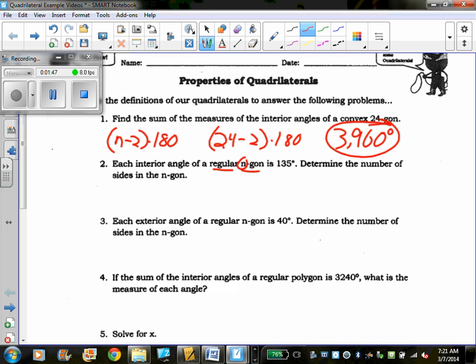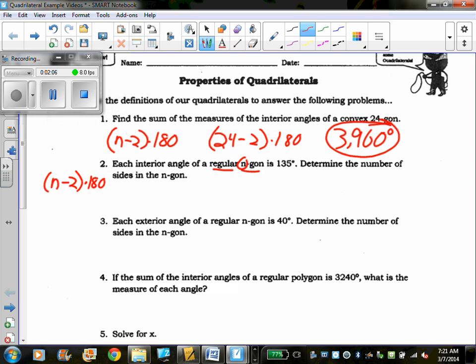So, here's the thing. In our formula, we have (n minus 2) times 180. And that gives us the total number of degrees altogether within the shape.